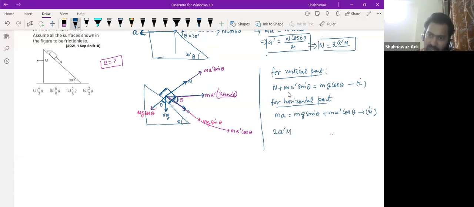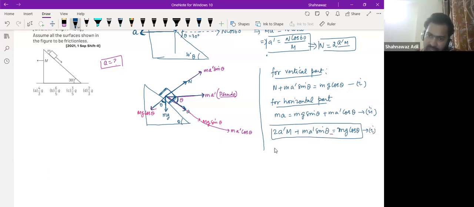And then we have what? Right. So this is m a sine theta, and then mg cos theta. So this is the first equation.